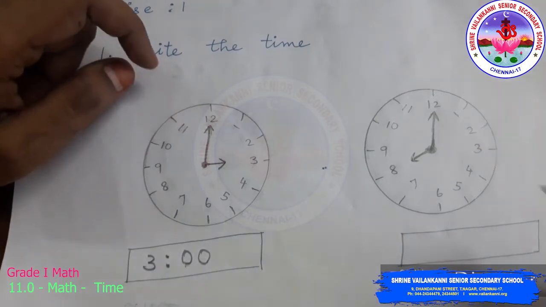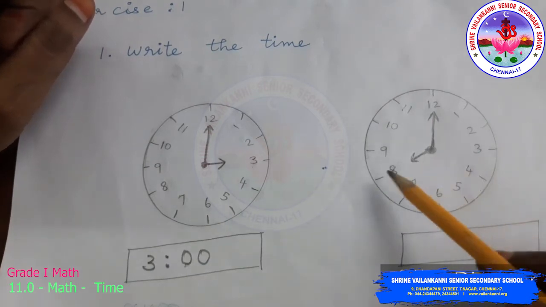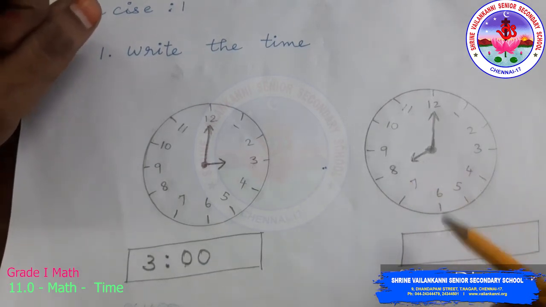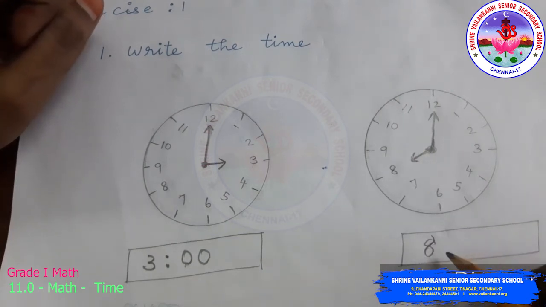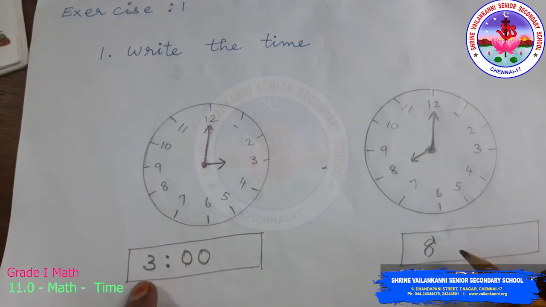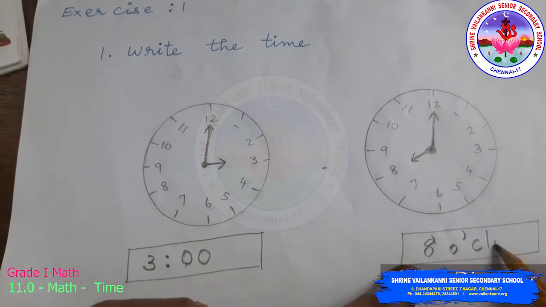Okay. Now, where the shorthand is pointing here? It's pointing at 8. Okay. 8. But I am going to write it other way around. I have used here 3.00, but here I am going to write 8 o'clock.